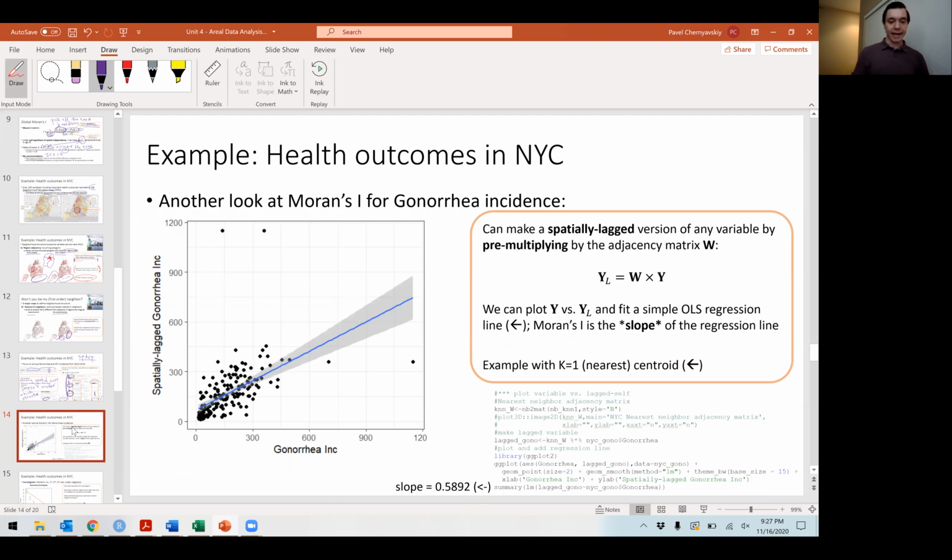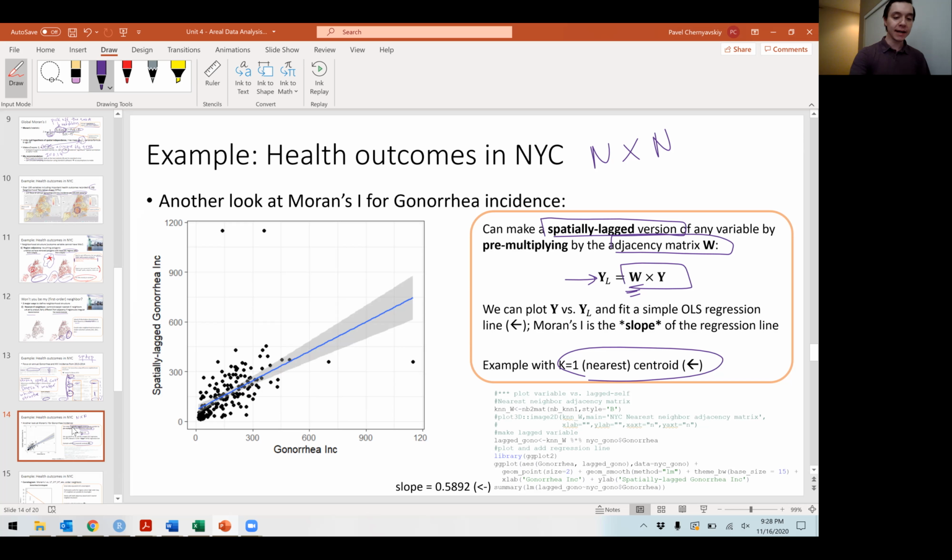Let's take a look at another way of specifying what the Moran's I represents. Remember the adjacency matrix, W, right? It's n by n, zeros on the main diagonal, and the ijth element is 1 if the two regions are touching, 0 otherwise. We can create what is called a spatially lagged version of any variable by pre-multiplying our variable by our adjacency matrix. So this is kind of the outcome of our neighbors. It's spatially lagged by 1 nearest centroid.